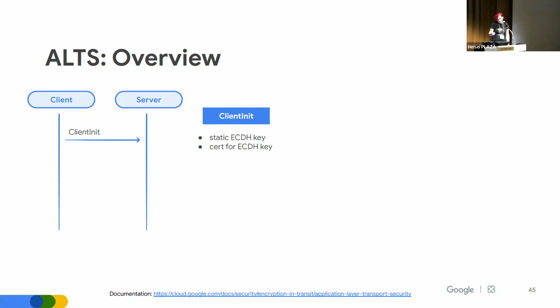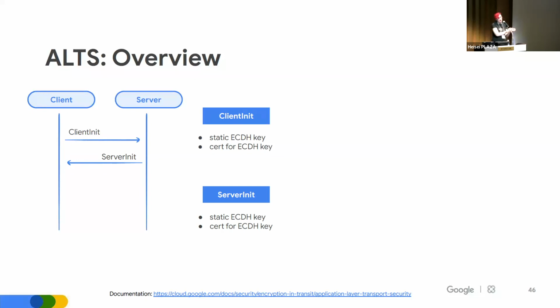In the first message, client init, the client sends its static ECDH key along with its certificate for this key to the server. The server will then respond with its own static ECDH key and a certificate for that static ECDH key.